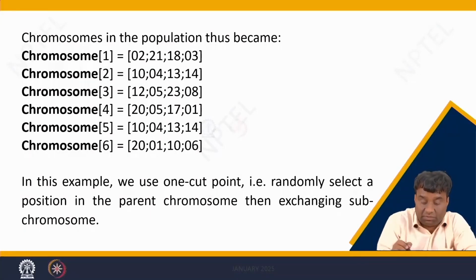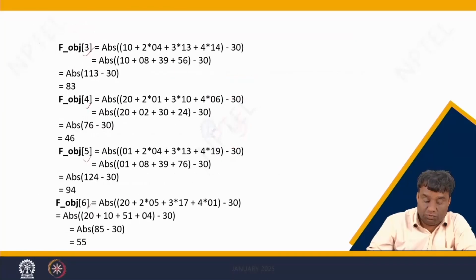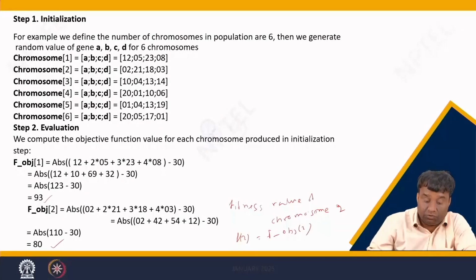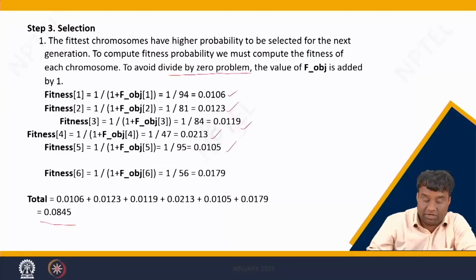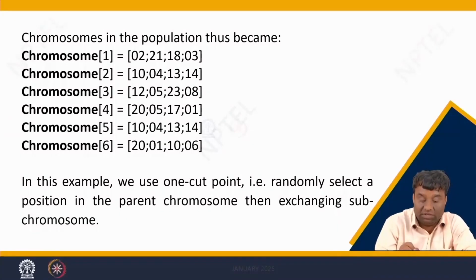So the chromosomes in the population thus become: chromosome 1 is 2, 21, 18, 3. You can check chromosome 2, which is basically 2, 21, 18, 3. So that becomes chromosome 1 in this population. Similarly chromosome 2, chromosome 3, chromosome 4.